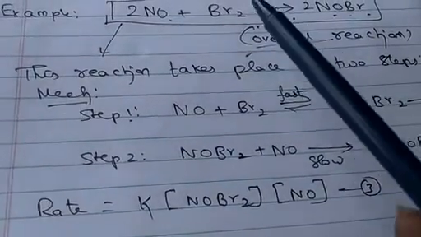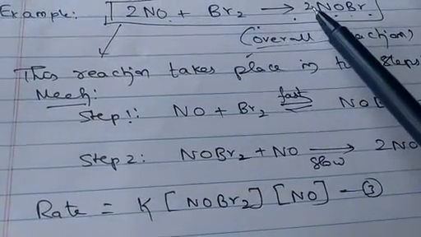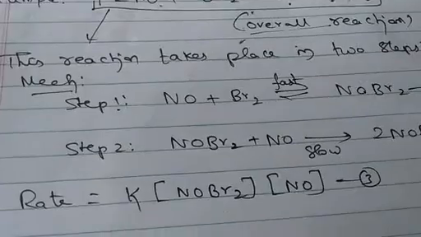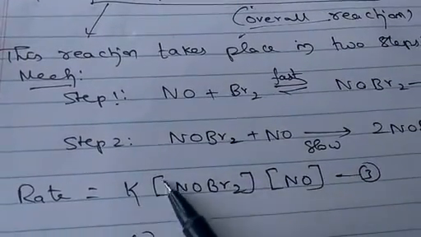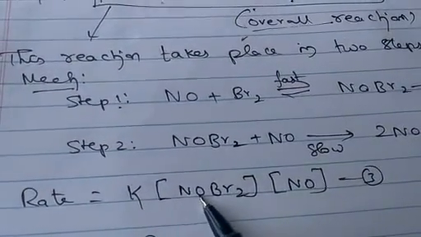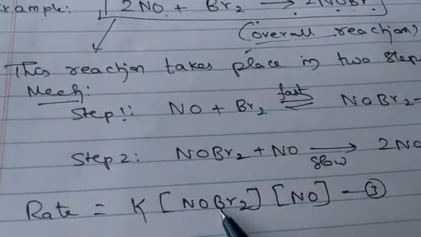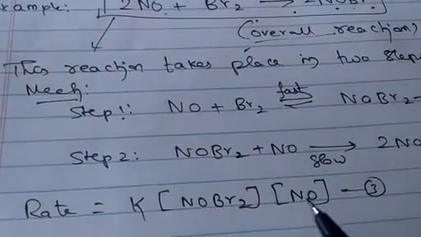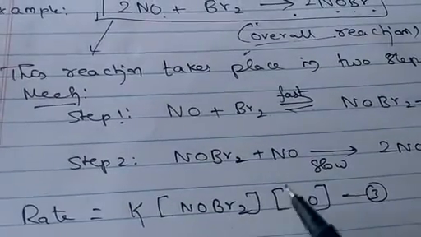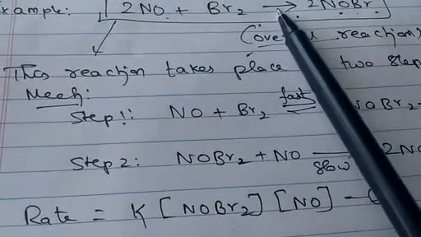In the overall reaction we don't have NOBr2. So we have to modify this such that it is converted into the reactants which are present in the overall reaction.